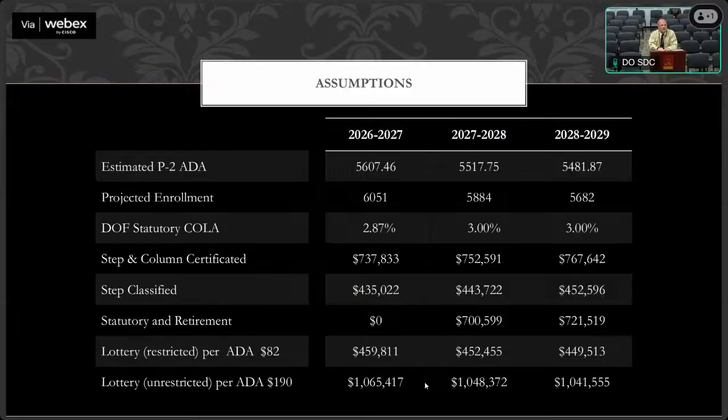In order to do a multi-year projection, we have to come up with our assumptions. So listed here, we have our estimated P2 ADA. You can see we're projecting that our enrollment is going to decrease over the next couple of years, and as such, the estimated P2 ADA will also decrease.